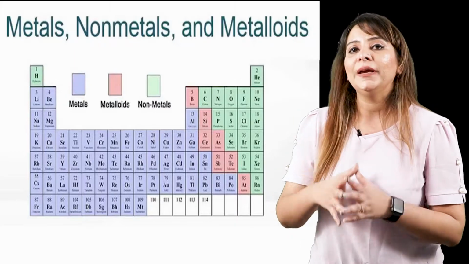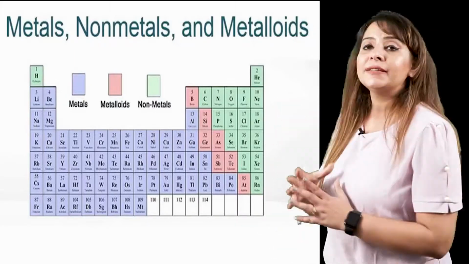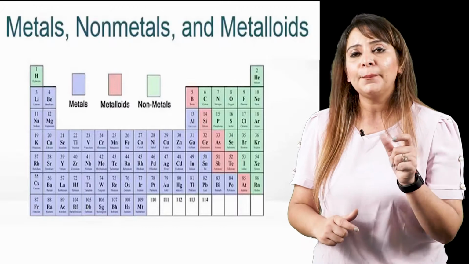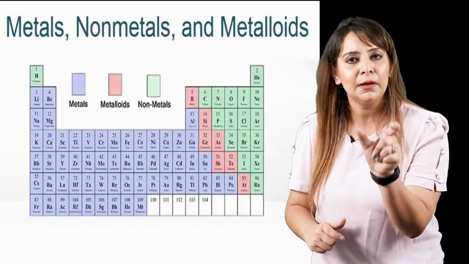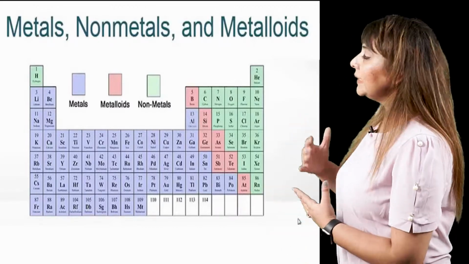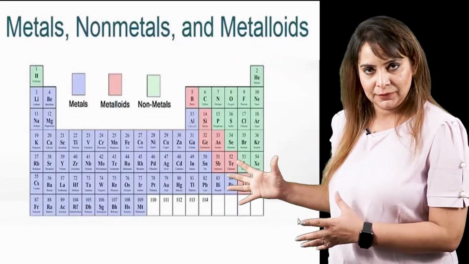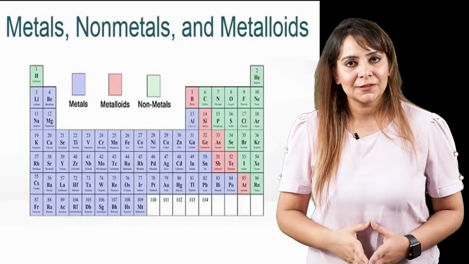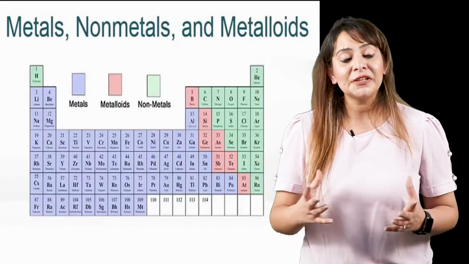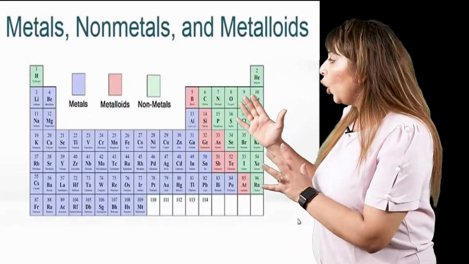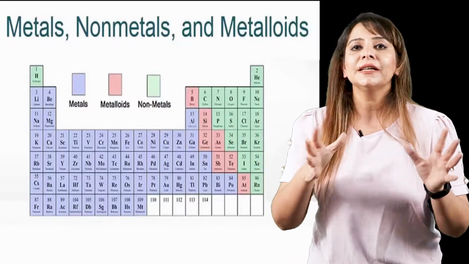But at this moment I am making you familiar with this table just to start this chapter with a simple term, that is the elements. Inside the periodic table we have certain symbols written. These symbols represent the elements. All these symbols are of different elements.